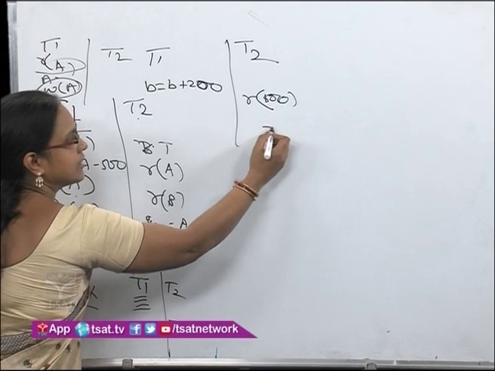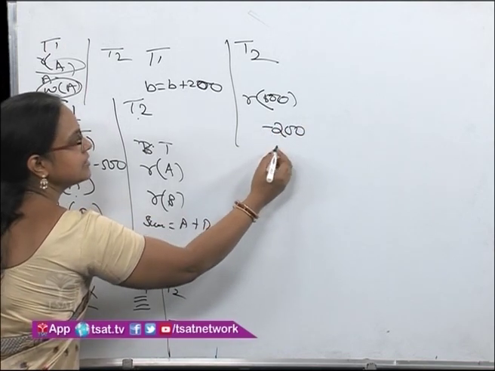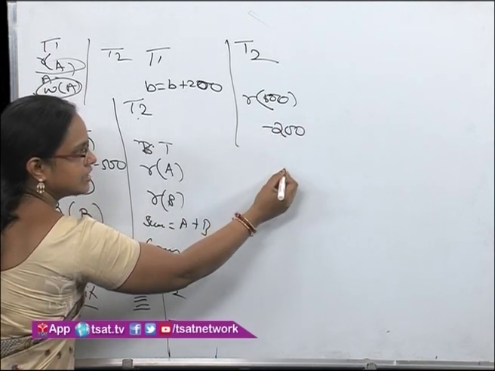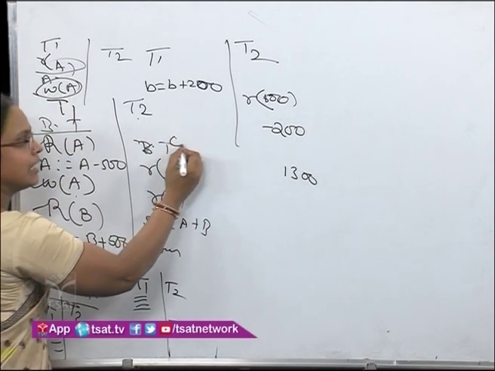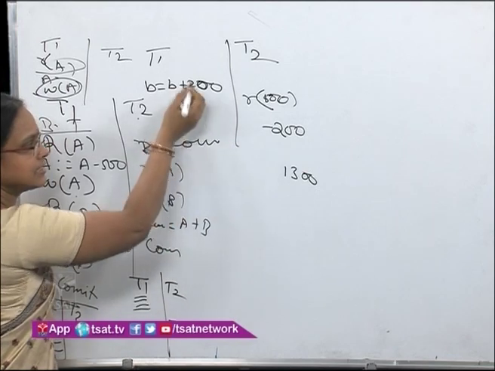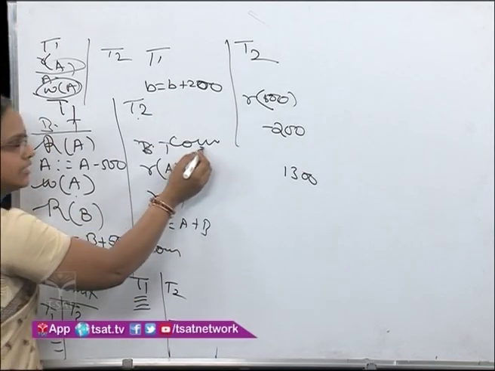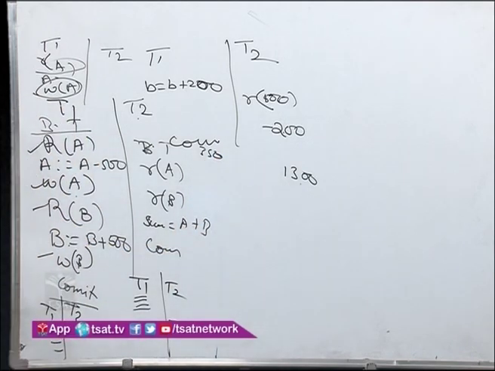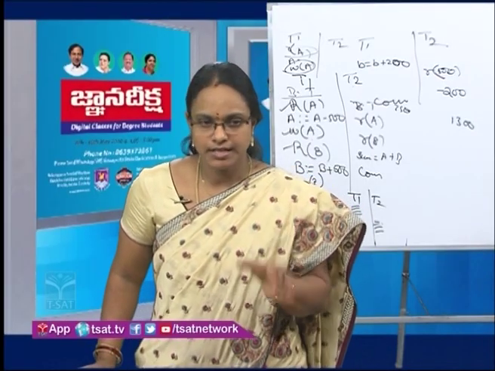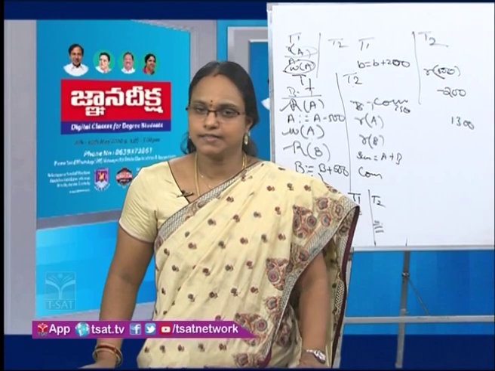From that 1500, it withdrew 200 and the balance changed to 1300. But 1500 plus 2000 is 3500, minus 200, should actually be 3300. The balance is only 1300. So lost update means whatever update the T1 transaction has done is not seen by the other transaction.